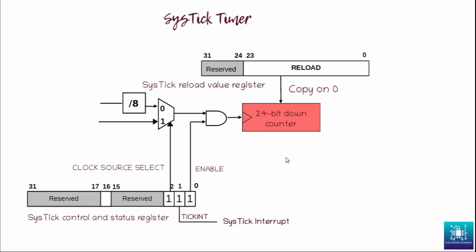the period for one clock cycle is about 1 over 84 into 10 to the power of 6. That is that many seconds.